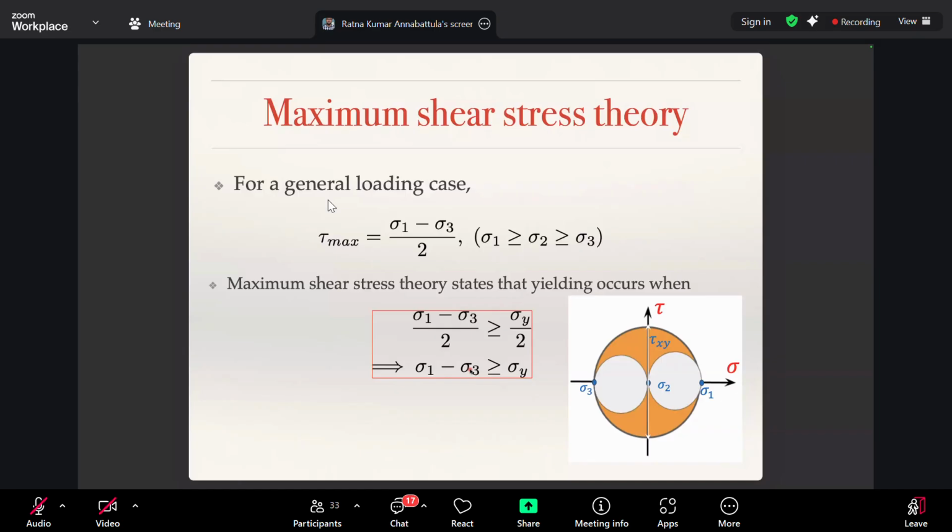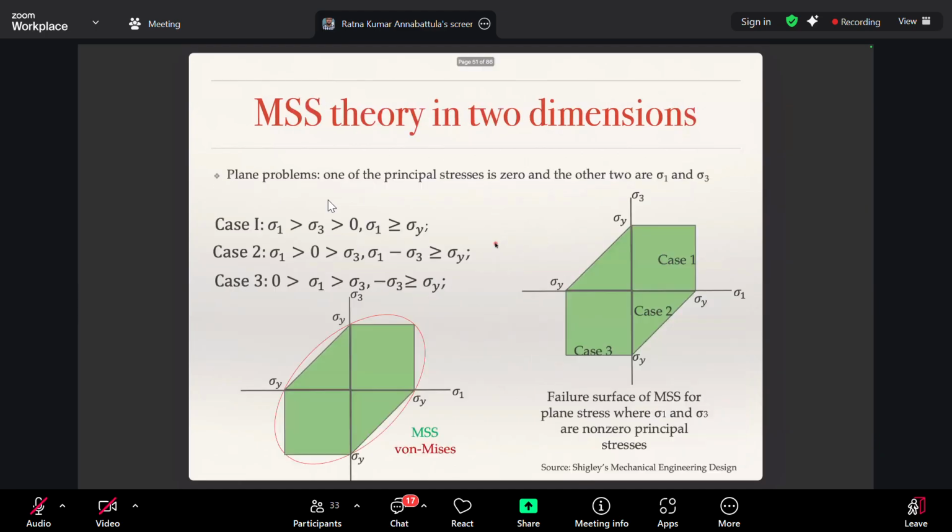When we say plane stress, one of the stresses is 0, either sigma 2, sigma 3, or sigma 1. Now let us take the case of sigma 1 greater than sigma 3 and sigma 2 equal to 0.